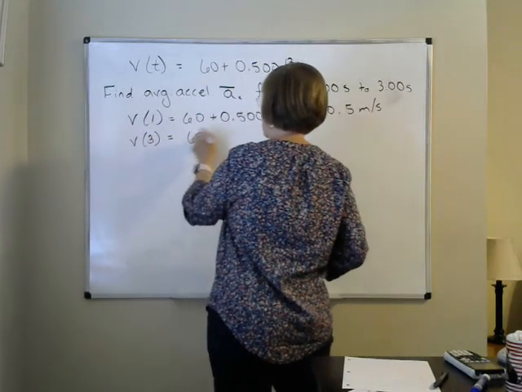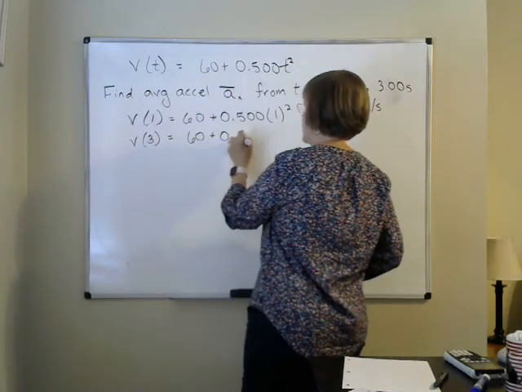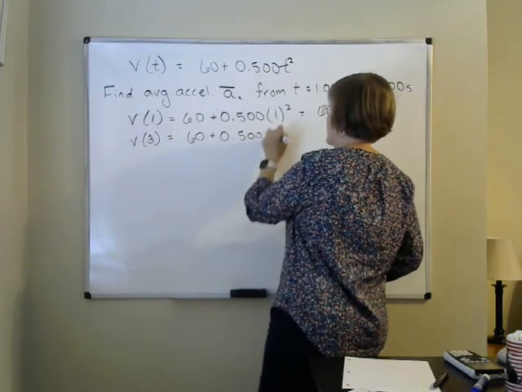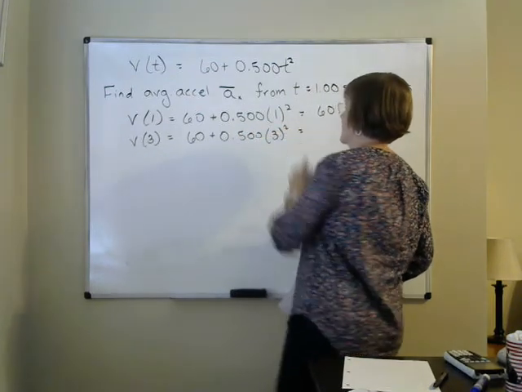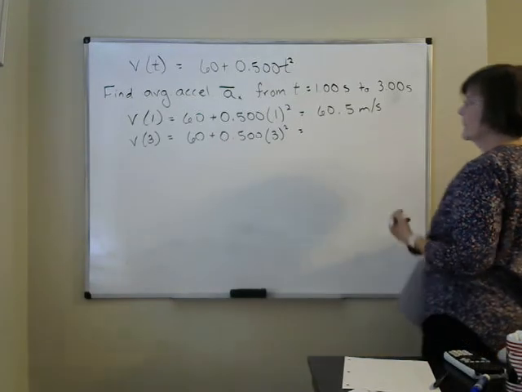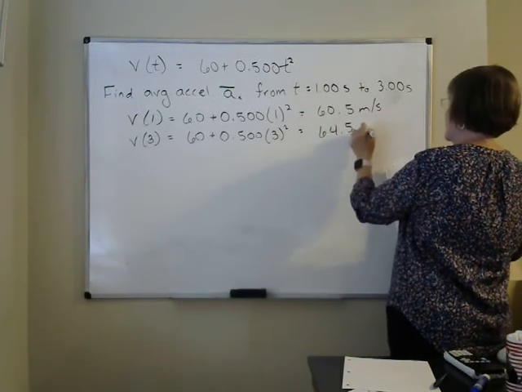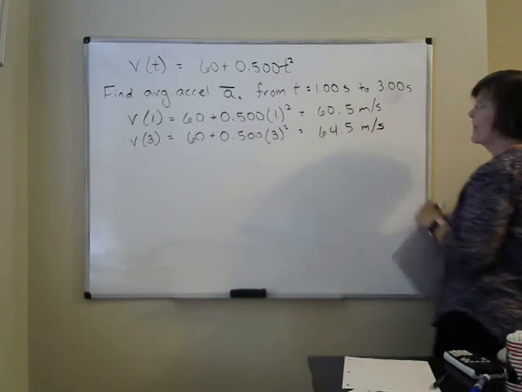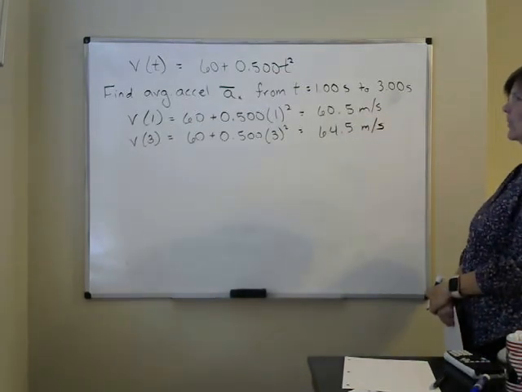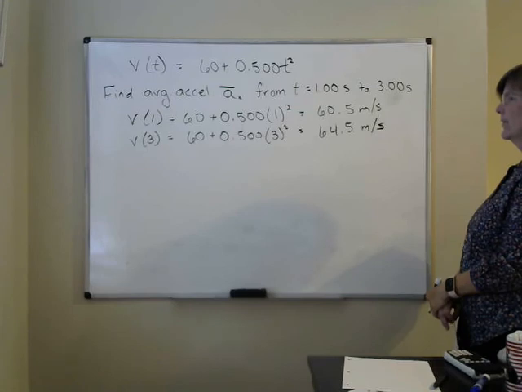That's 60 plus 0.500 times 3 squared. That's 9, half a 9 is 4.5. It's going to be 64.5 meters per second. So I know how fast I'm going at 1 second. I know how fast I'm going at 3 seconds.